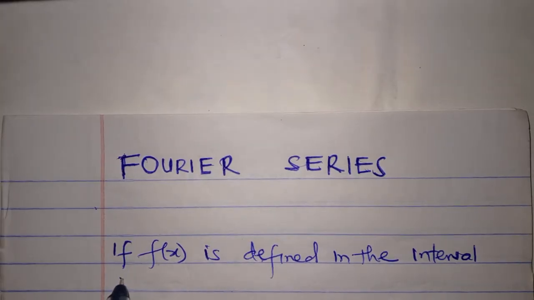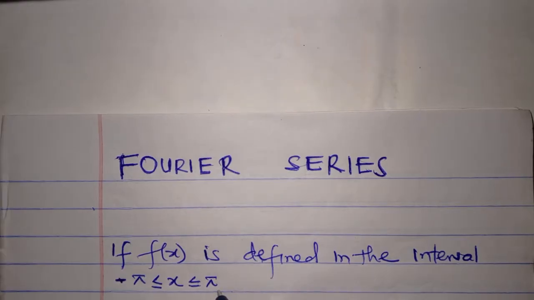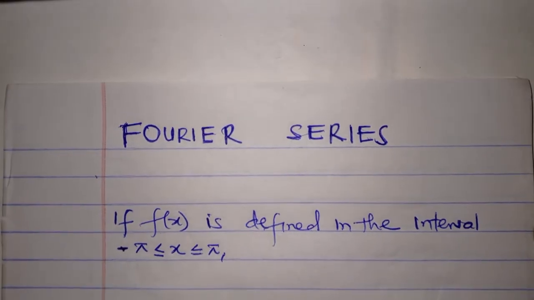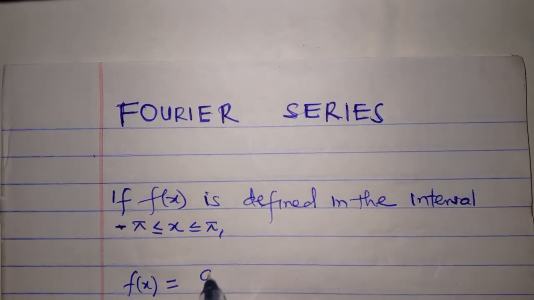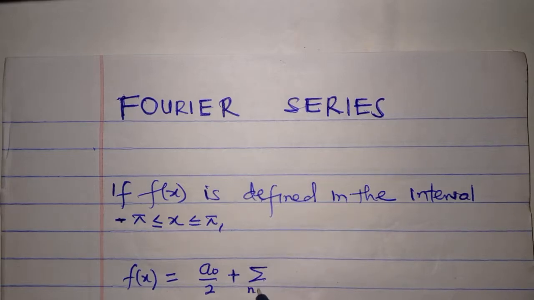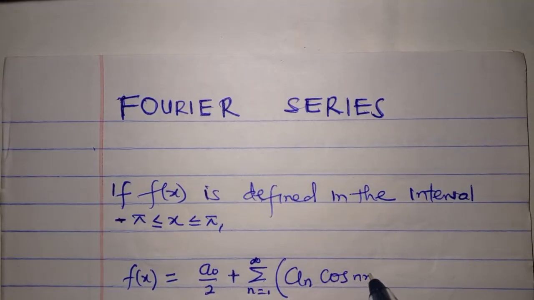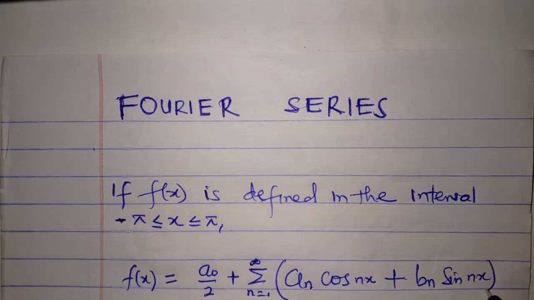If f of x is defined in the interval negative pi less than or equal to x less than or equal to pi, we can express f of x in terms of a convergent trigonometric series of the form f of x is equal to a naught over 2 plus summation n equal to 1 to infinity of a sub n cos nx plus b sub n sin nx.